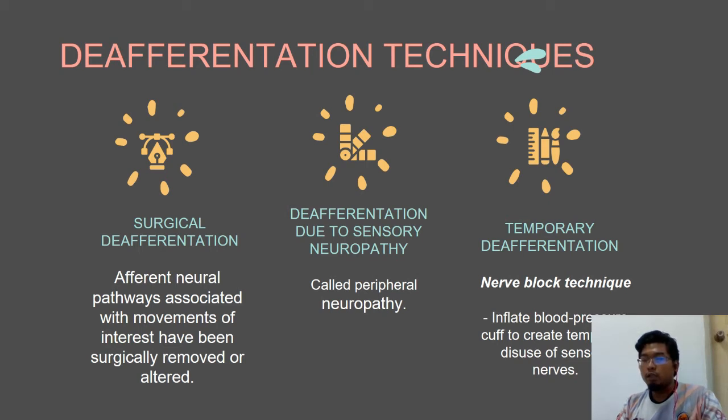The second one is deafferentation due to sensory neuropathy. So basically, peripheral afferent nerves in various parts of the body are not functioning properly. It doesn't require surgery because you use participants that already have a sensory neuropathy.